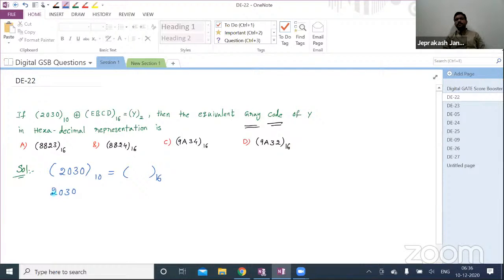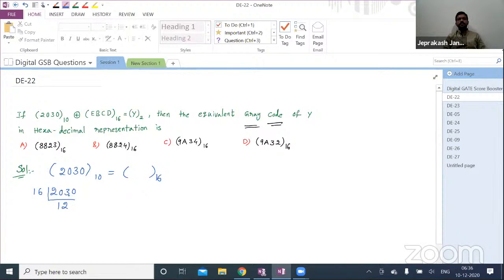Repetitive division, right? When you do repetitive division, then only you will get the hexadecimal digits as the remainders. Since it is a decimal number, first we'll convert into hexadecimal. From there, you can convert into binary. So do the repetitive division with 16. 16 ones are 16, remainder is 4, 43. 43 is nothing but, you can do 2 16s are 32.